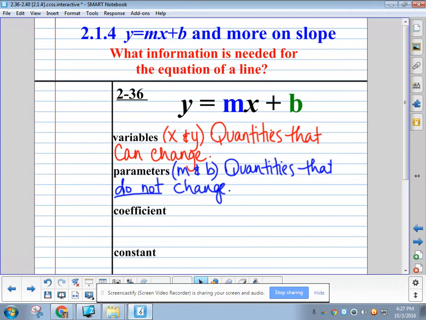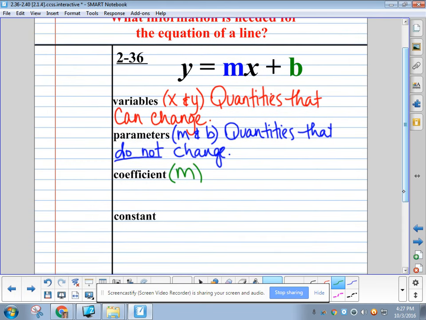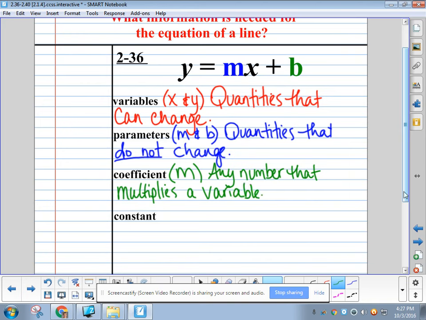Okay, a coefficient. In this case, my coefficient is m. A coefficient is any number that multiplies a variable. So anytime I have a term where there is a number multiplying a variable, that number is called a coefficient.